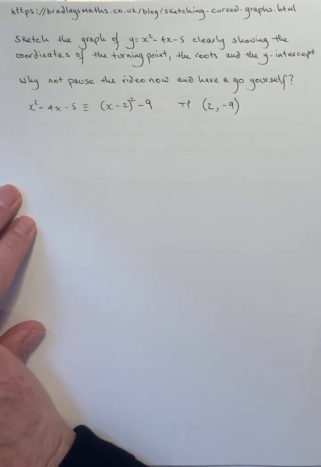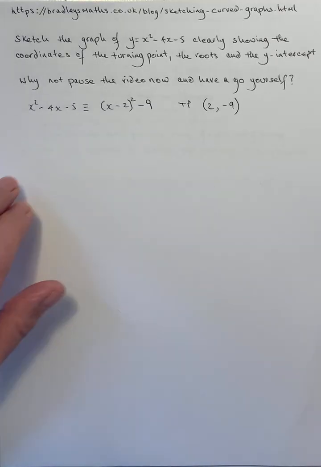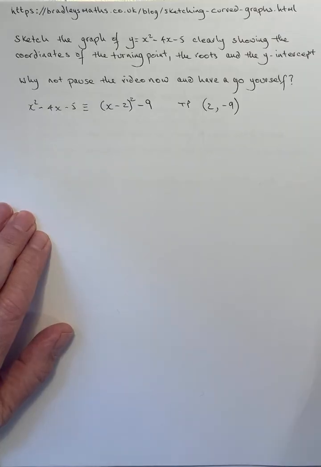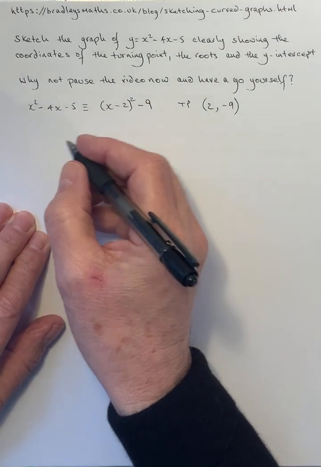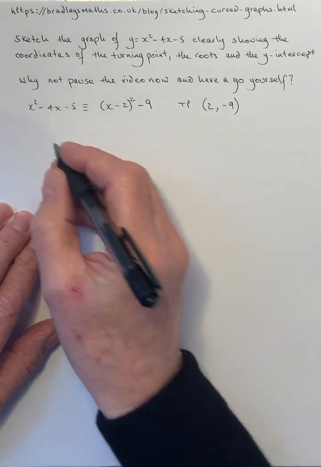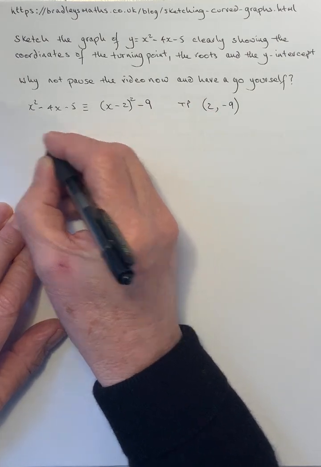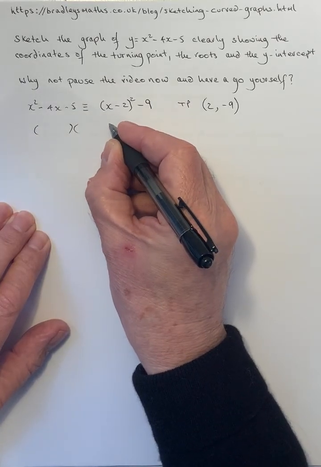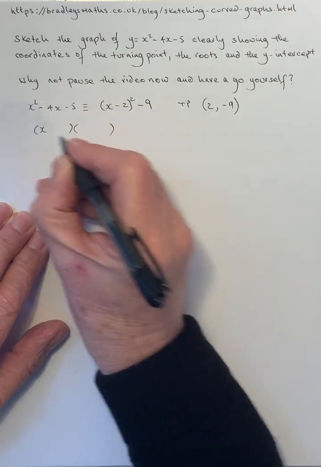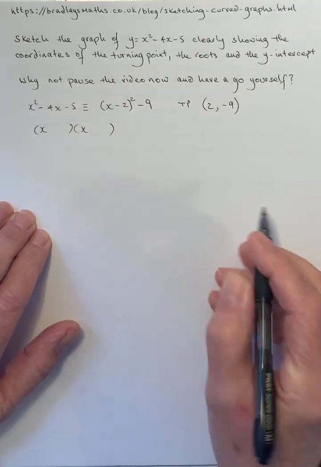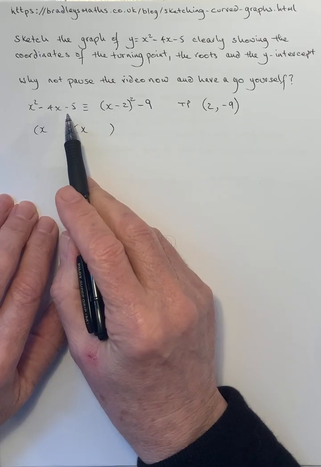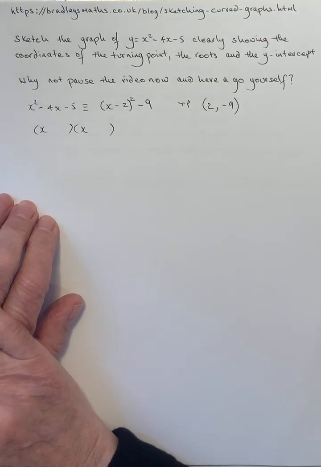The roots, I would expect anybody who's up to the stage of sketching graphs in GCSE or IGCSE to be able to find the roots of a quadratic that factorizes. This one does. So what we have is, we put this into 2 brackets, and it's x at the beginning of each bracket. We know that we have to have 2 numbers that multiply together to give us negative 5.